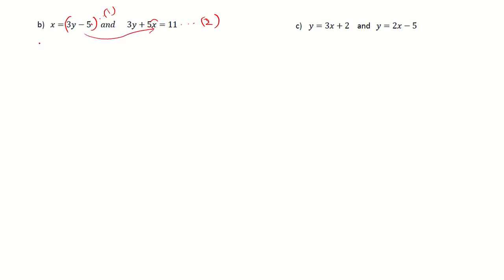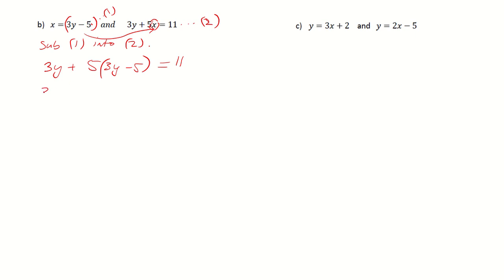I'm going to substitute equation 1 into equation 2 in this case. So I'm going to replace x with 3y take 5. So I'll have 3y plus 5 lots of x. And remember, x is just equal to 3y take 5. And that's all equal to 11.